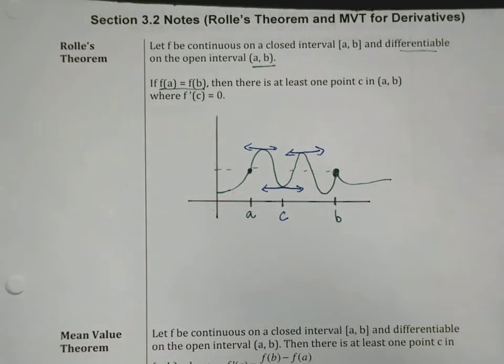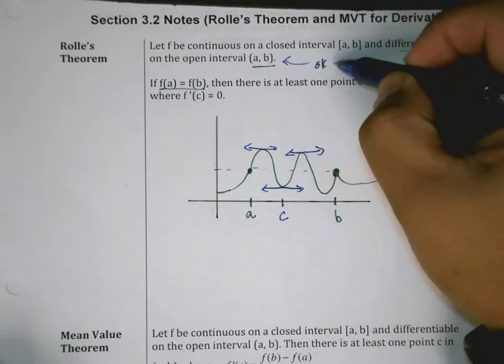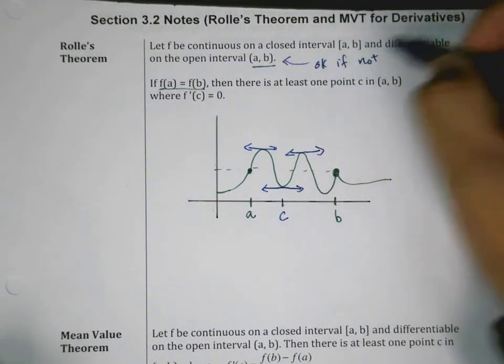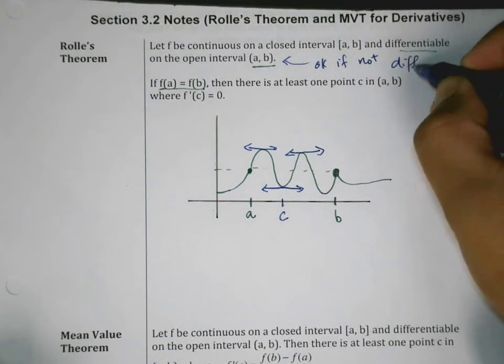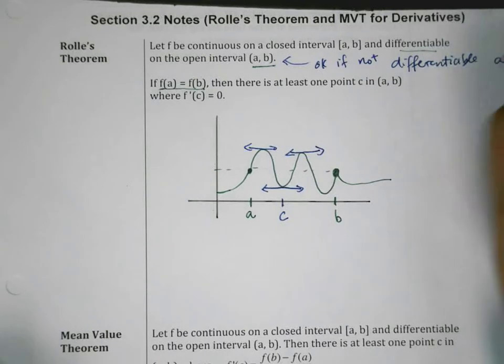I'll just make a note here that it's okay if it's not differentiable at the endpoints of the interval. This is a theorem that's only talking about what's happening inside the interval.